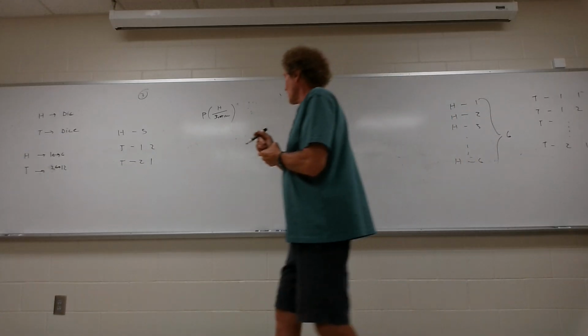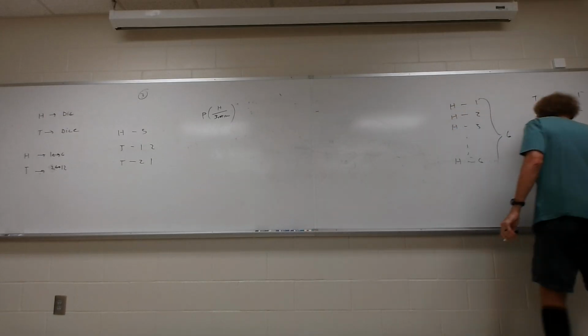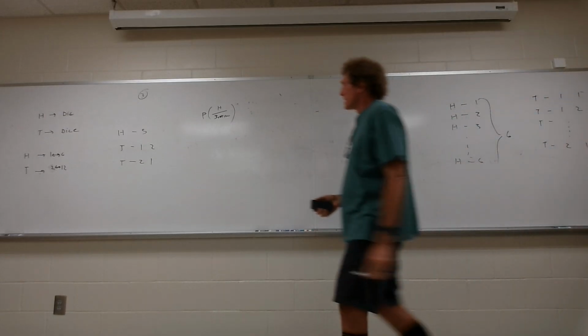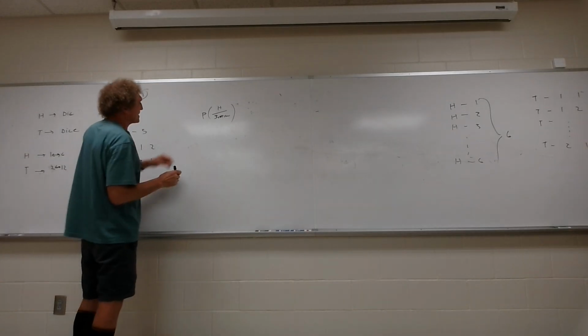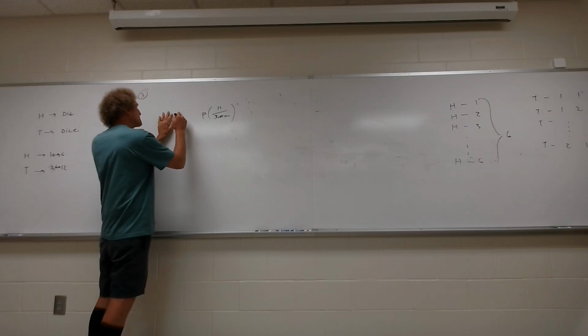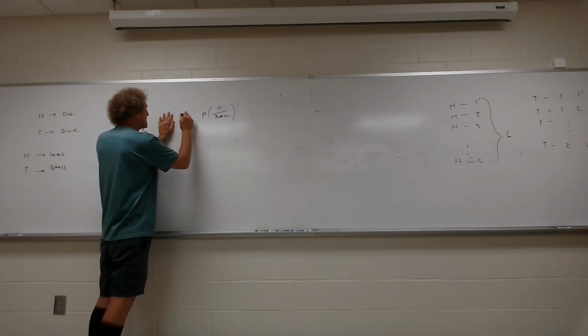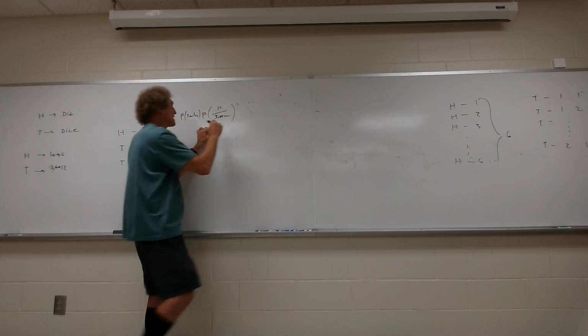Now, when you're doing this problem, I have to take the probability of heads given a 3 is an outcome times the probability of 3 as an outcome. I may not need that.